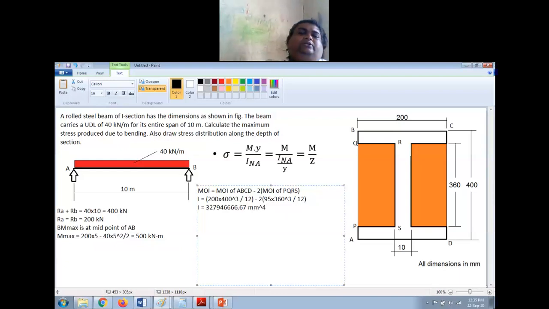Moment of inertia, the unit is mm raised to 4 because b into d, b is mm and d cube, so it is mm cube. So the unit of I will be mm raised to 4. Now from this I have to find the section modulus. See, if you want, you can find the section modulus if he has asked.